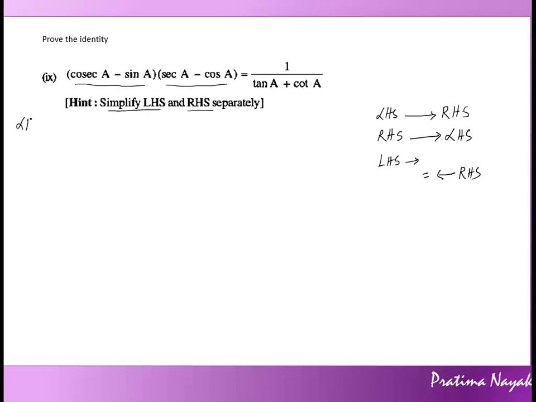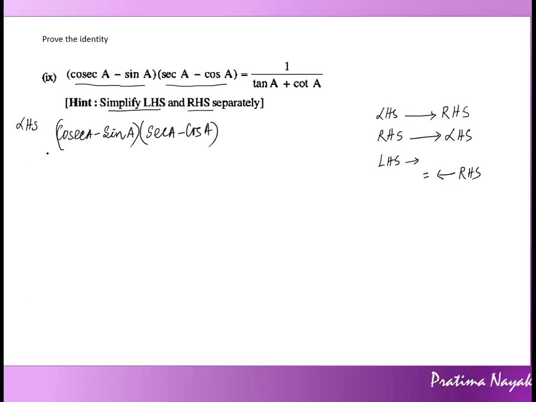So I'm writing LHS now. And you know, whenever cosec and sine are combinedly given, cosec A, I'll change as 1 by sine. It is the reciprocal of sine. And sec A is 1 upon cos.